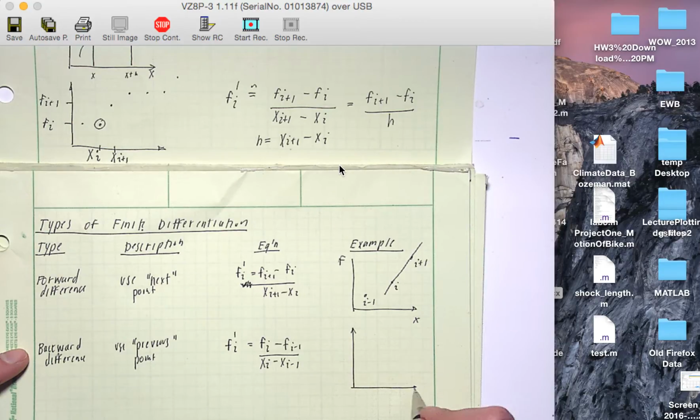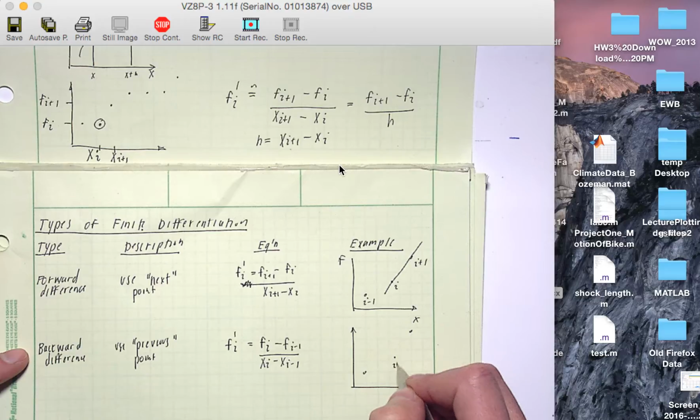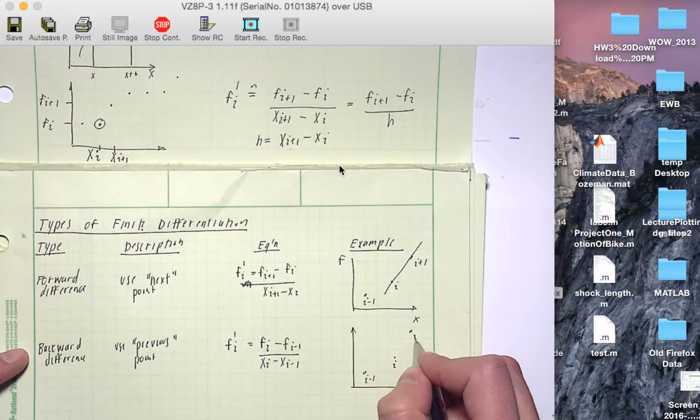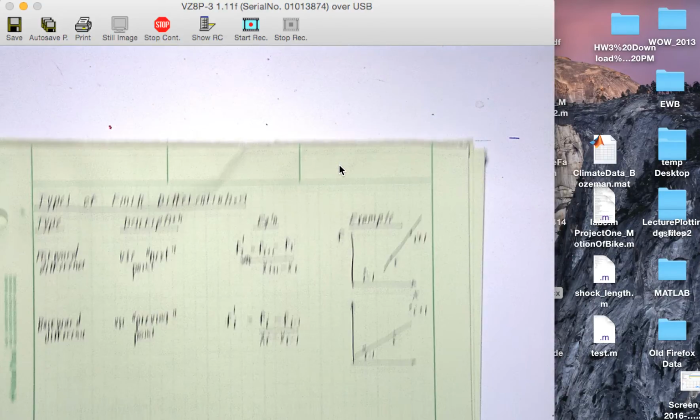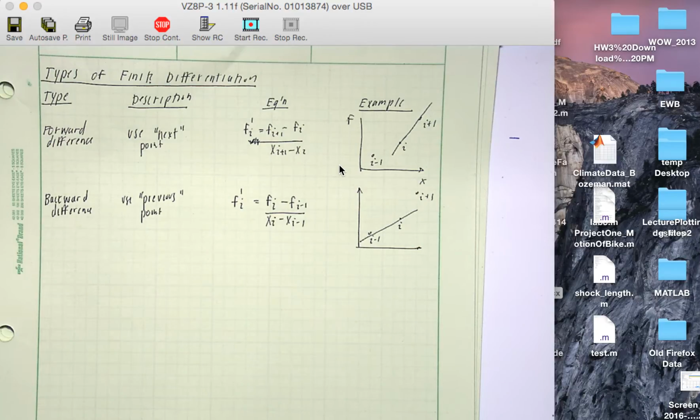And so if I draw the same 3 points, i minus 1, i, and i plus 1, the slope is going to look like this. And remember, the slope is a scalar value, which throws people off a lot. So at every point, you can calculate a scalar slope that's associated with the derivative at that point.